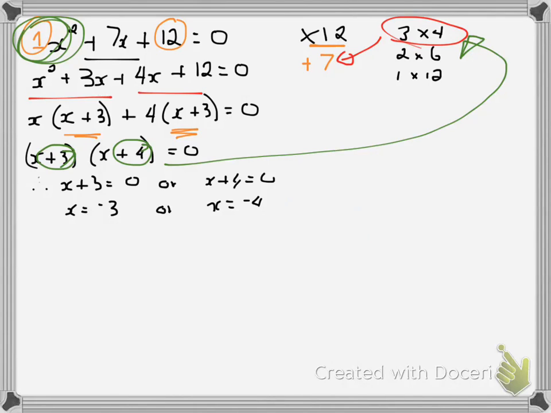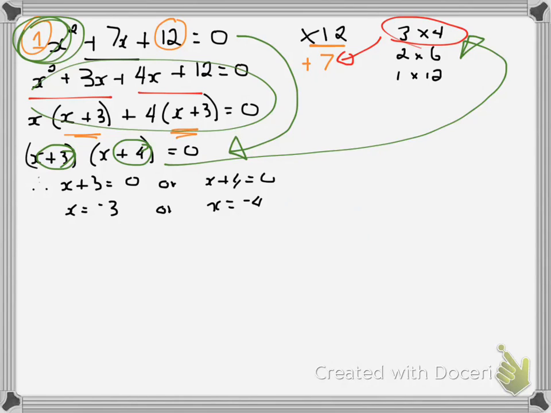So when the coefficient in front of the x squared is a 1, you can go from this line straight down to that line in one step. You don't have to do the stuff in the middle. The stuff in the middle is only required when your coefficient in front of x squared is not a 1.